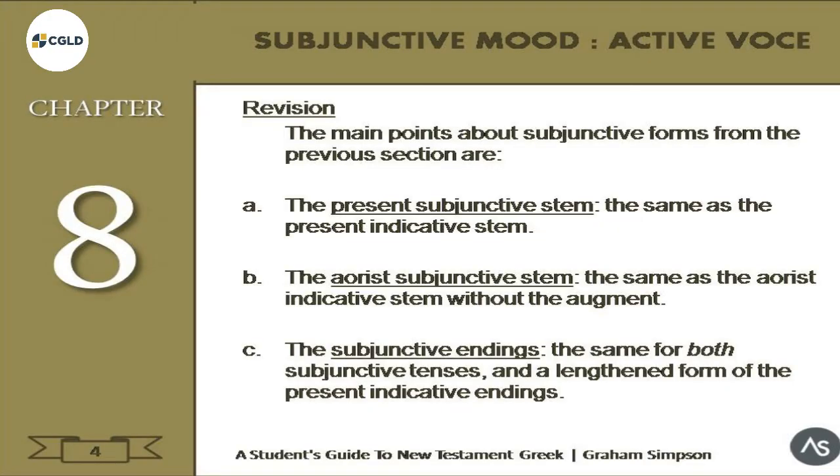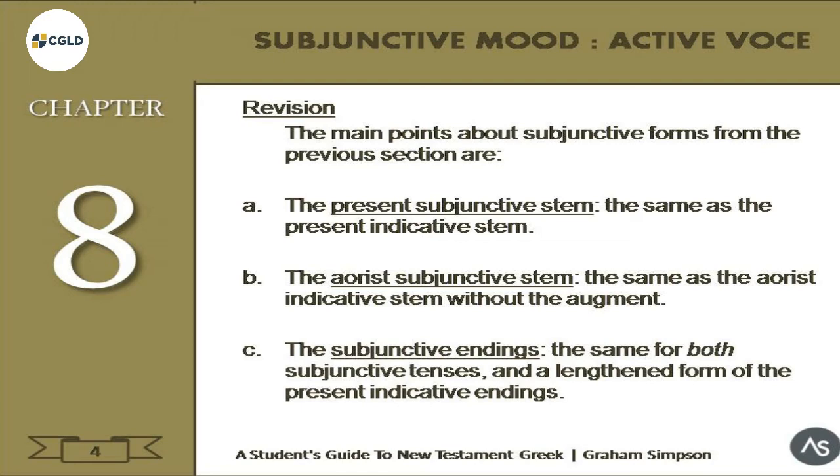Now let us recap what we have learned so far. The main points about subjunctive forms are: first, the present subjunctive stem is the same as the present indicative stem.